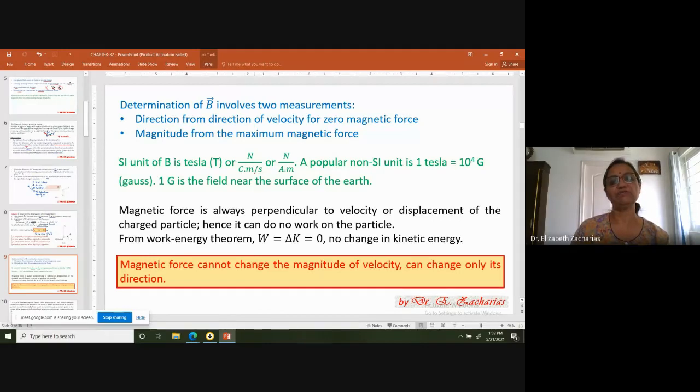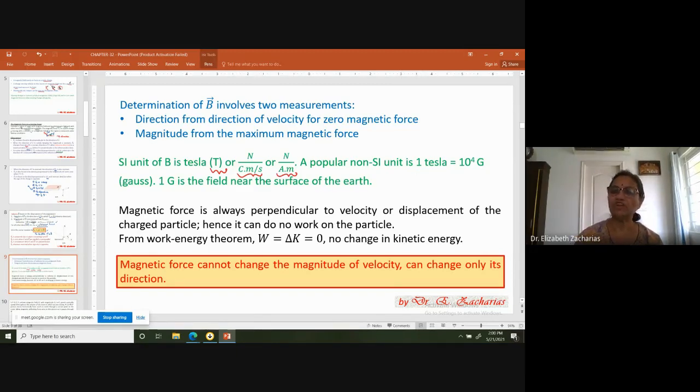Coulomb is charge, meter per second is velocity, and Coulomb per second is ampere. Therefore, you can write it as Newton per ampere meter. But both these together have another name, and that is Tesla. So the SI unit of magnetic field is Tesla.